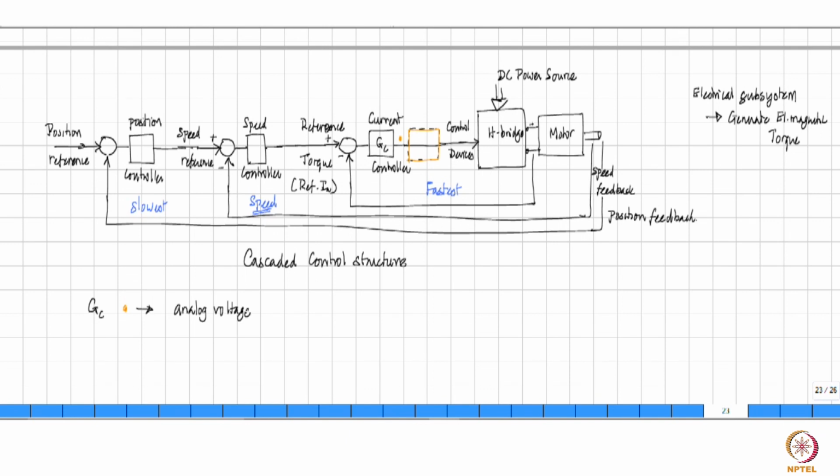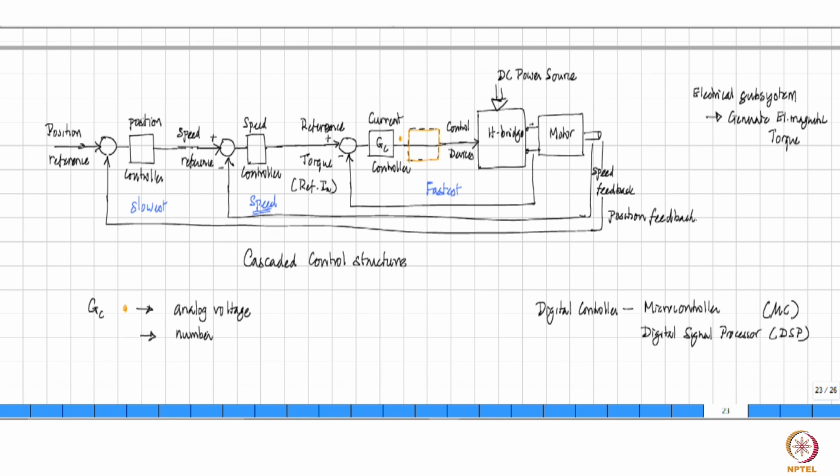If you are going to implement this whole thing inside a digital system, a digital controller like a microcontroller or a digital signal processor, usually represented as mu C and DSP, in this case this output variable will simply be a number.